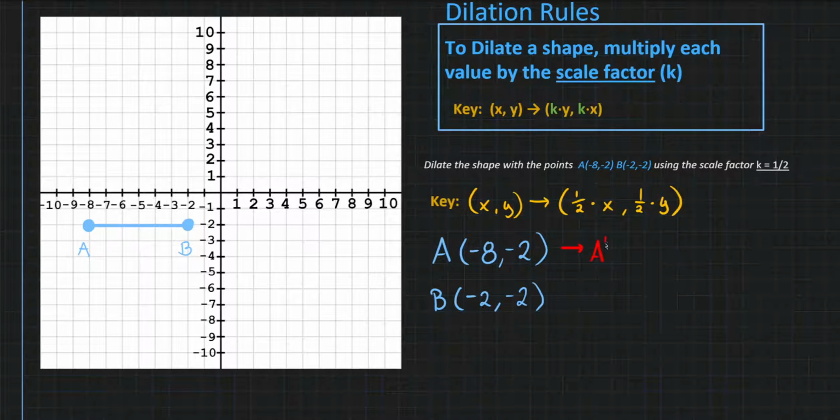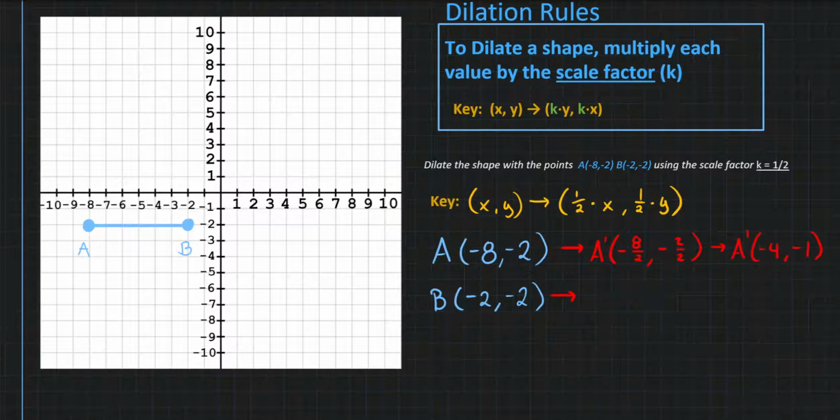A to A prime: negative 8 times 1/2 would just be negative 8 over 2. Negative 2 times 1/2 would just be negative 2 over 2. And of course, these can be simplified, so A prime equals negative 4, negative 1. There we go. I'm just simplifying the fractions.